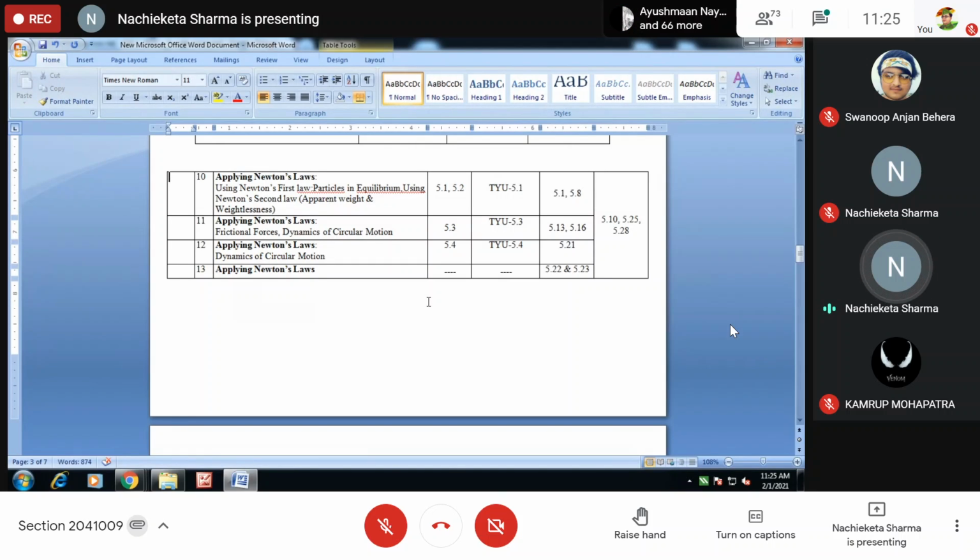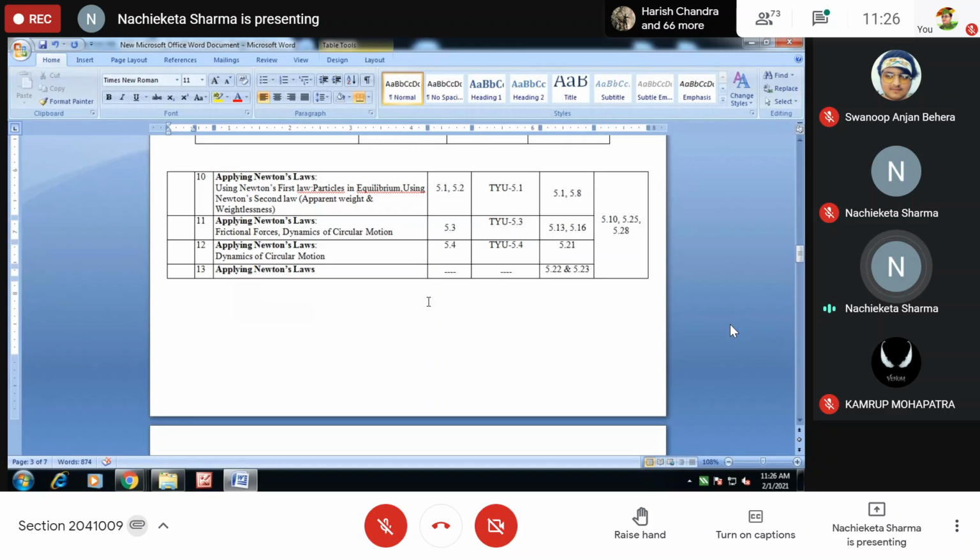Then we learned about Newton's second law. In the 5.8 example, we worked out that elevator problem and we found the tension. The elevator was moving with 10 meters per second downwards, and it came to a rest within 25 meters. From there, we found its acceleration to be 2 meters per second square upwards. And from there, we calculated the tension in the elevator cable.